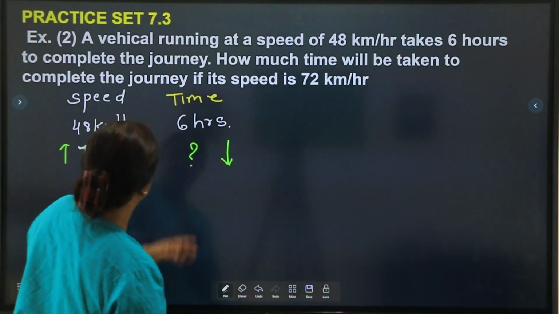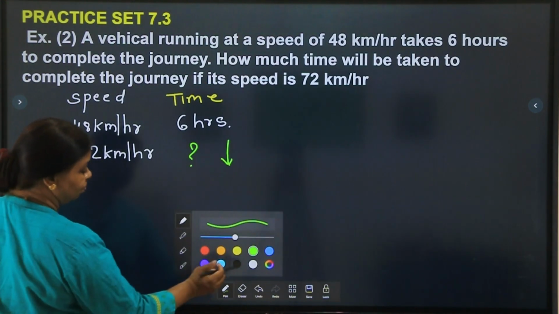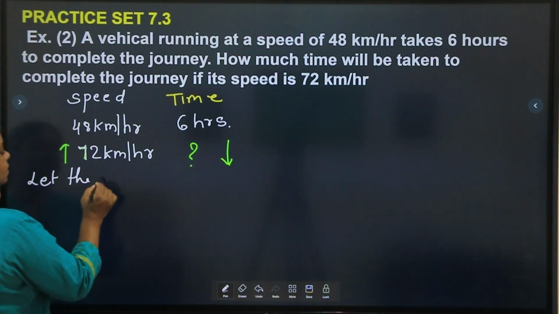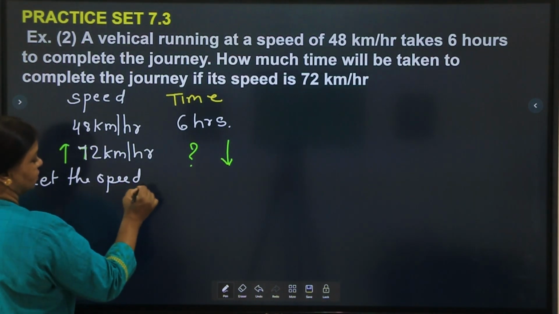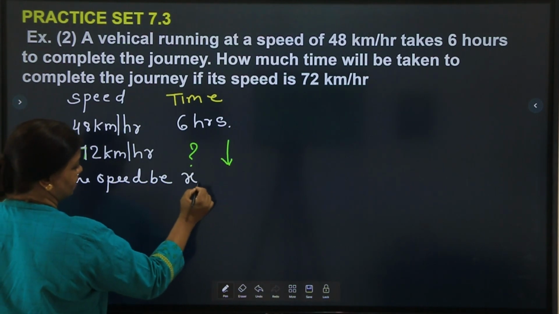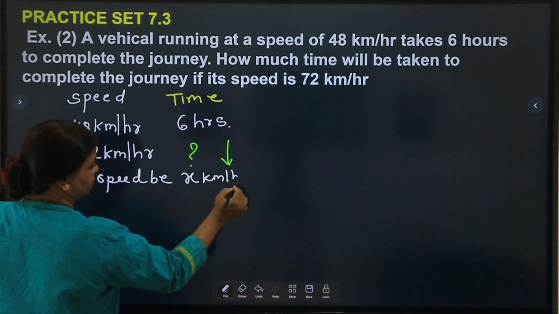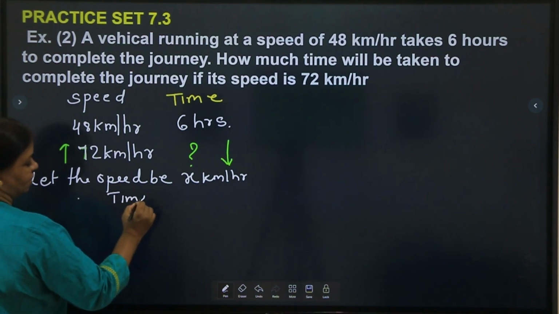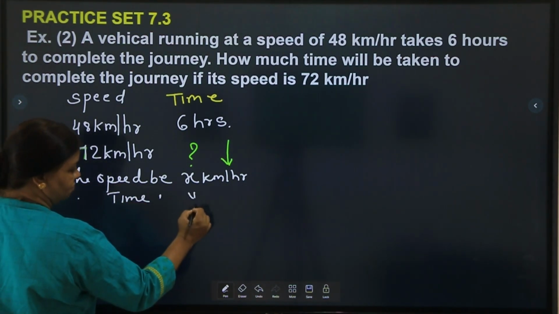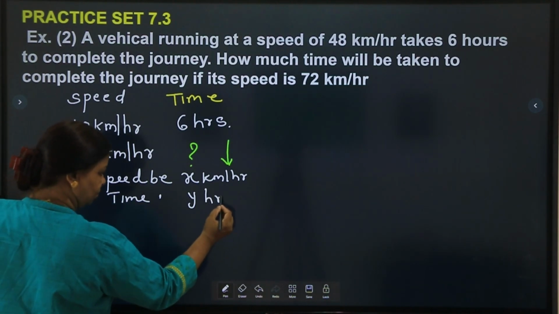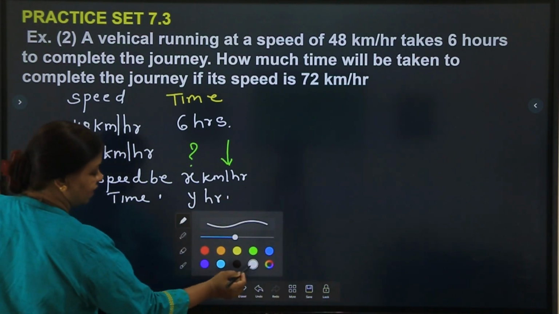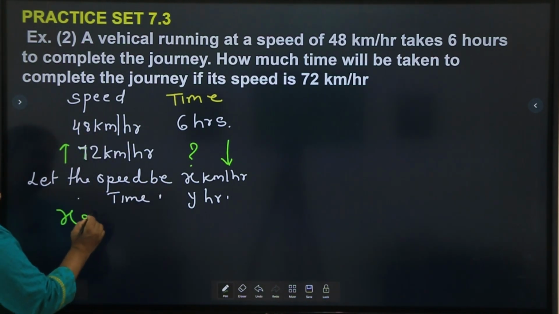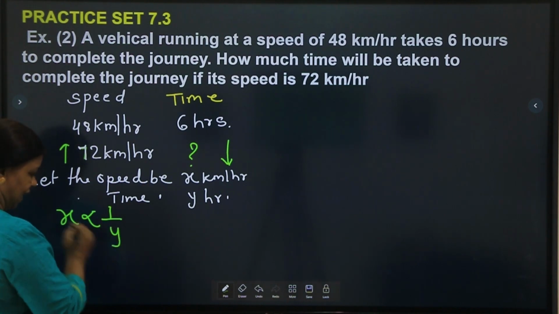There is inverse variation. So let us assume, let the speed be x km per hour, and the time taken be y hours. So we know there is an inverse variation, so we can write x varies inversely to the time taken.